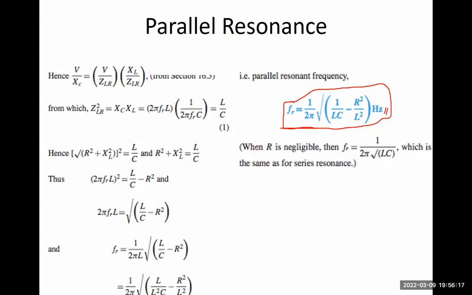But when R is negligible, that is almost zero, then the resonant frequency would be equal to 1 all over 2 pi multiplied by the product of L and C, taking the square root. So you will notice that when R is negligible in a parallel resonance, it is also equal to the series resonance, because R would be 0.